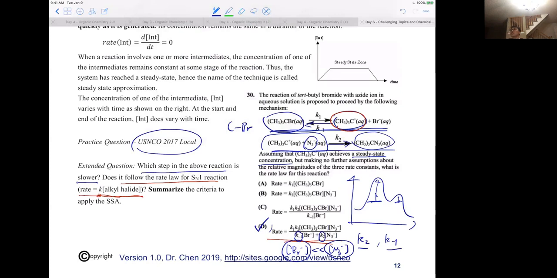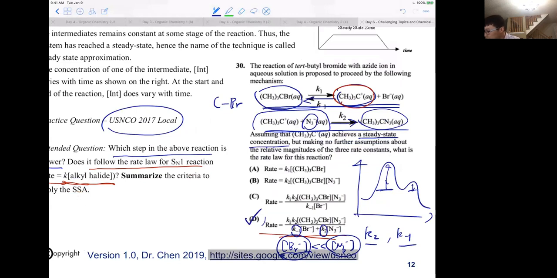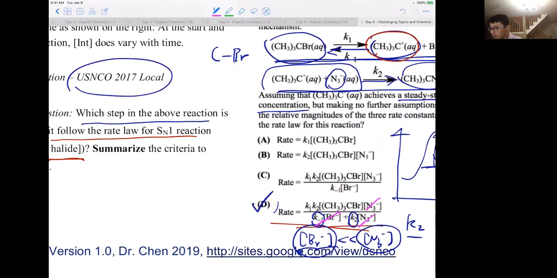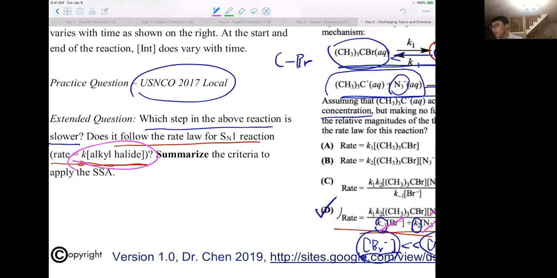So in the initial stage, we can say the Br minus is almost zero, and then we definitely can ignore this part, and then you will cancel this value, and then you get this equation, right? So if we talk about the rate, and this is the concentration or, let's say, the time, maybe this is not right, never mind.